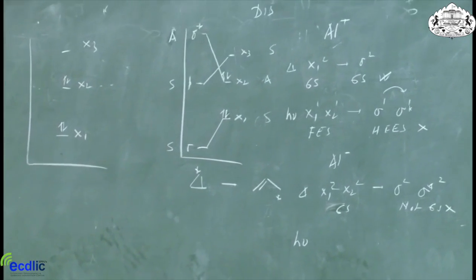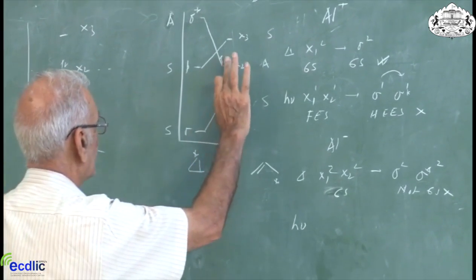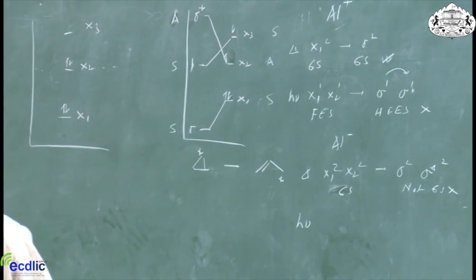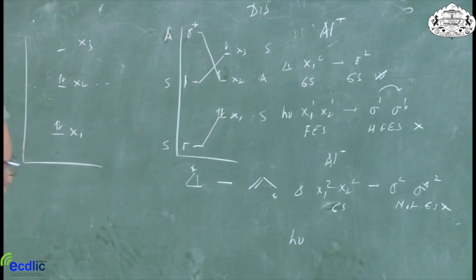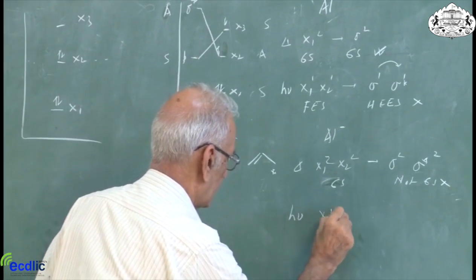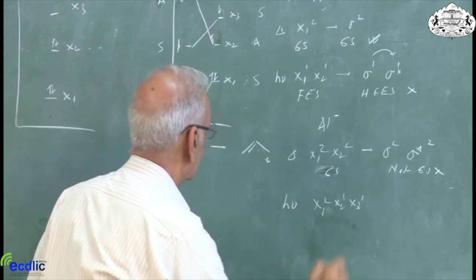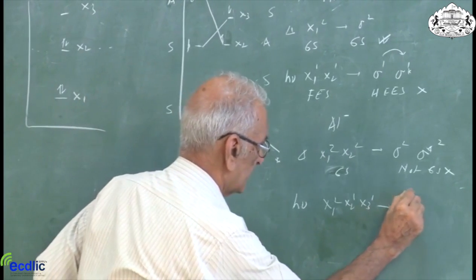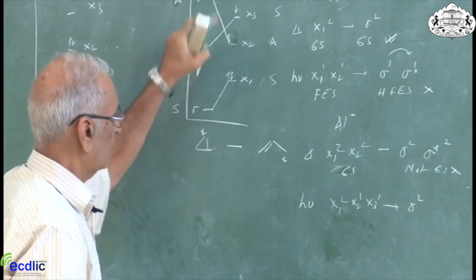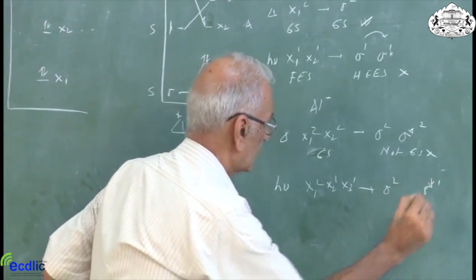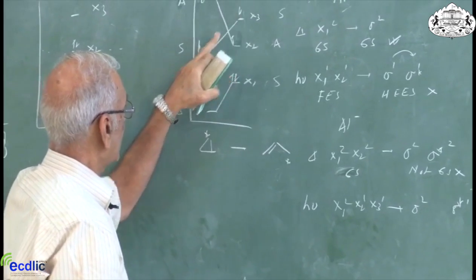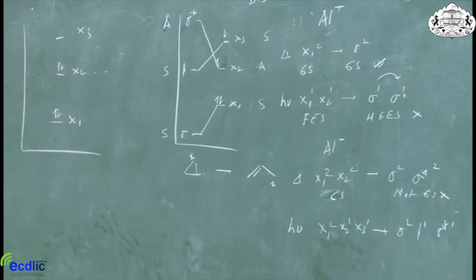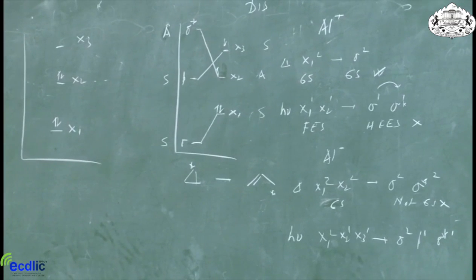What will happen in the photochemical reaction? One electron from highest occupied molecular orbital will go to lowest unoccupied molecular orbital. So, we will have x1 squared, x2 1, x3 1. Where will x1 2 electrons go? They will go into sigma, x2 1 electron will go into sigma star, x3 1 electron will go into P. So, first excited state has given first excited state.